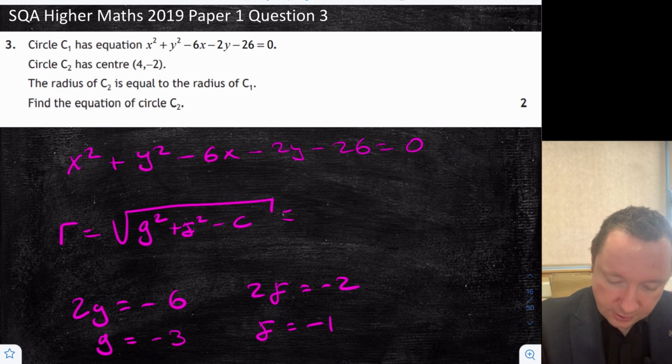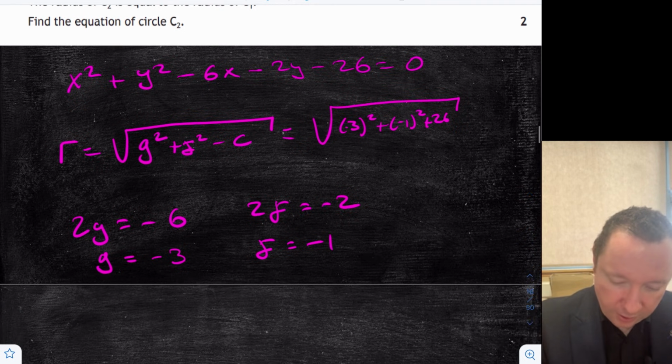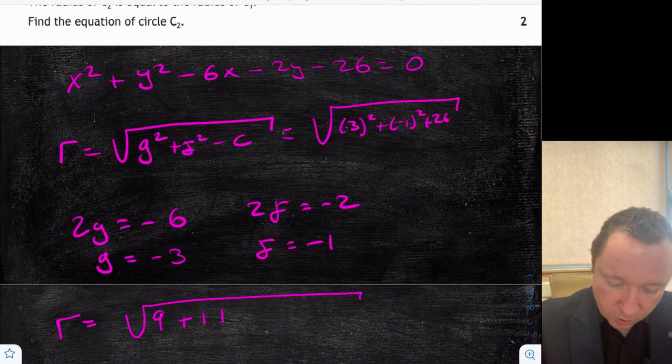So my radius is equal to the square root of minus 3 squared plus minus 1 squared. Take away c, but it's a minus already, so plus 26. So that means my radius is equal to the square root of 9 plus 1 plus 26. That's the square root of 36, which is equal to 6.